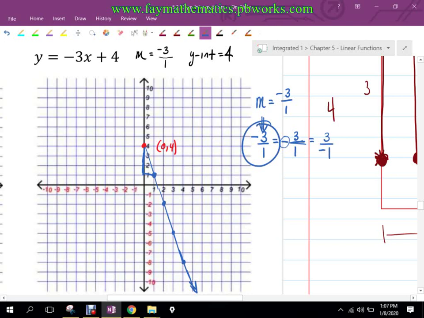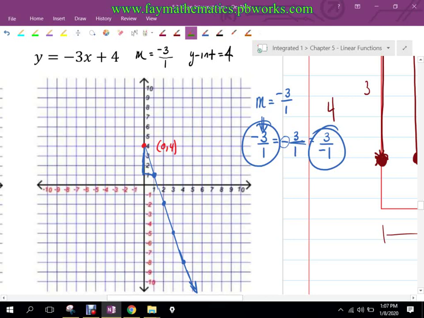So negative 3 over 1 is the same thing as 3 over negative 1, correct? Much like positive 2 is the same thing as negative 2 over negative 1, right? Okay, so if I switch the signs in my slope, switch the sign in the numerator and switch the sign in the denominator, I now have a series of directions that can take me in the opposite pathway.